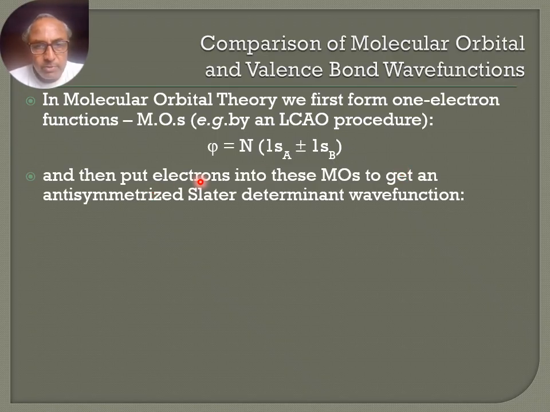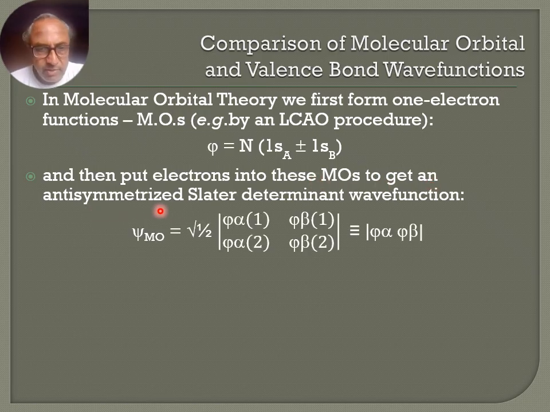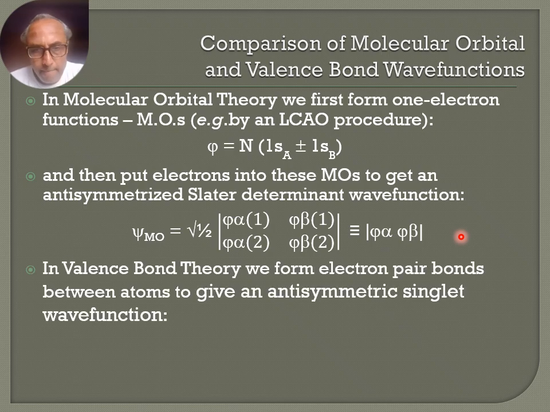And then we put the electrons into these molecular orbitals to get an antisymmetrized Slater determinant wave function. Thus, the molecular orbital wave function for the two electron system is square root of half times the Slater determinant phi alpha 1, phi beta 1, phi alpha 2, phi beta 2, which is also written concisely in this form.